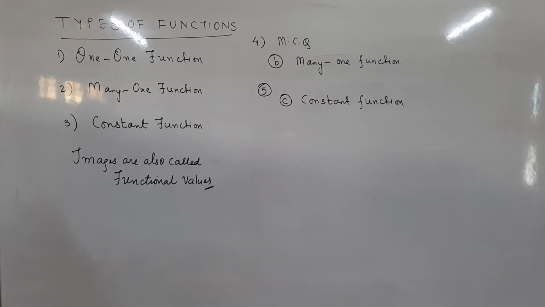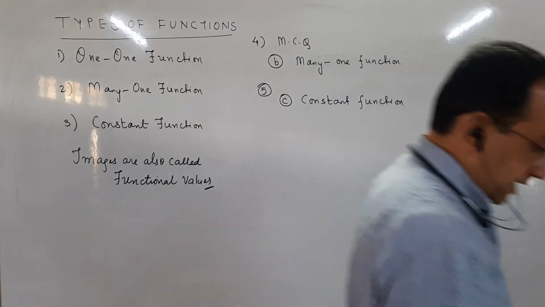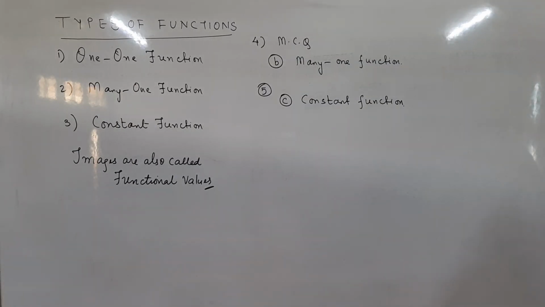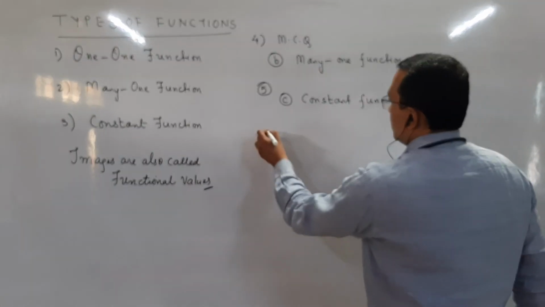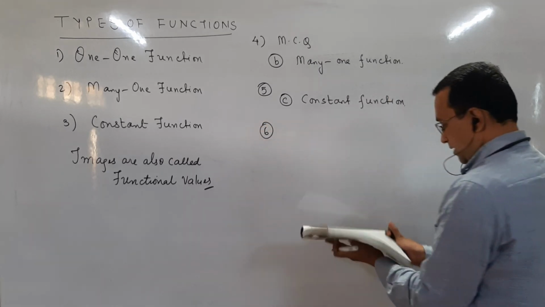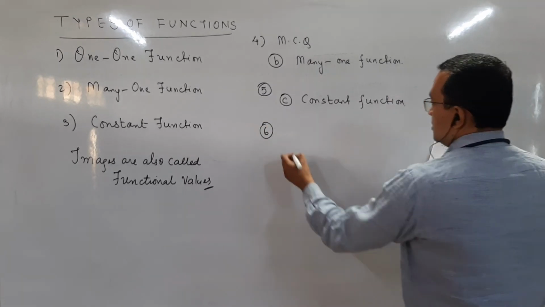No, for every distinct value, their images should be different. For any two different values of domain, their images are different. So the correct option is option C. This word makes altogether a lot of difference. So MCQ 6, the correct option is option C.